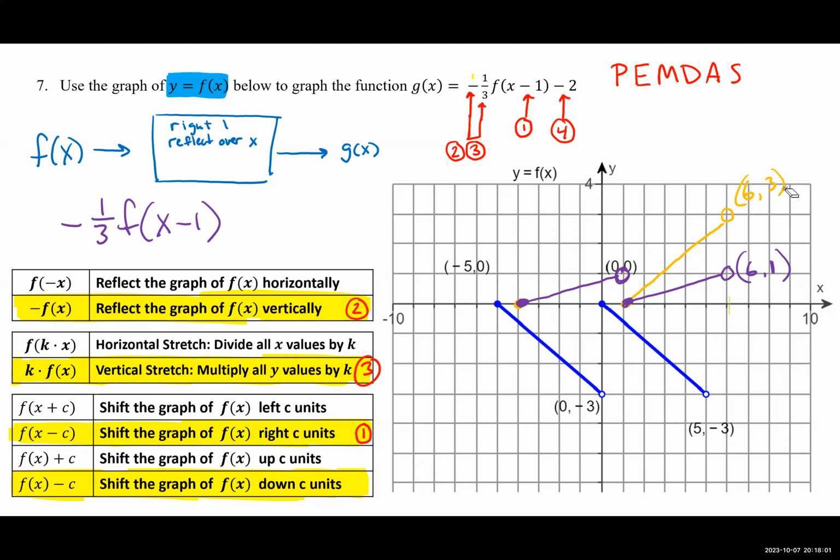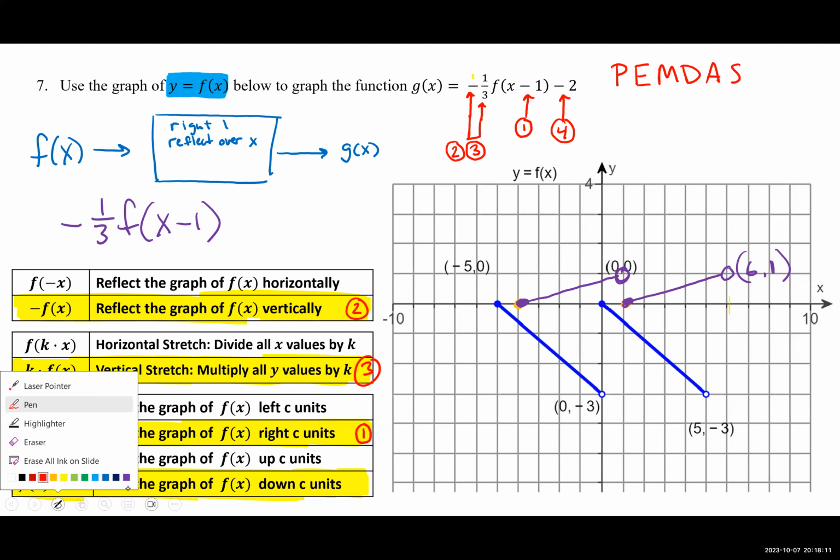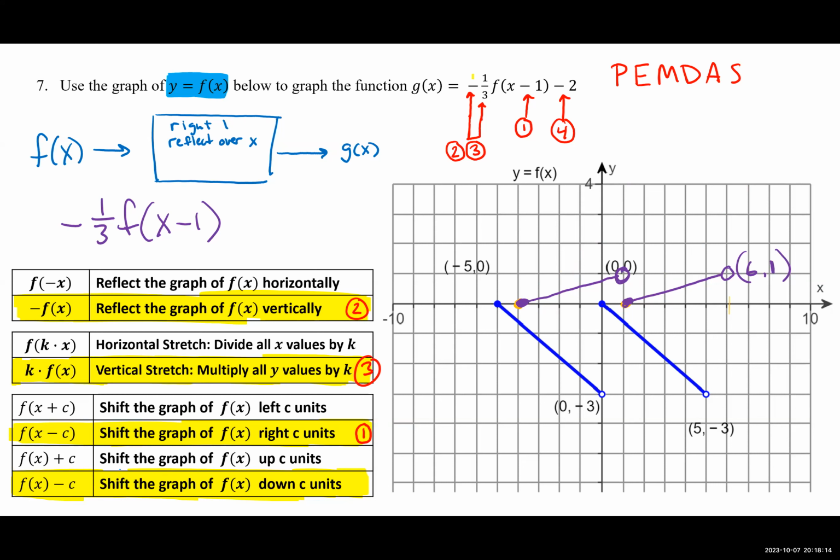We've moved it, we've flipped it, we've compressed it down. And now finally, the -2 on the outside. We'll say compress y, compress the y values.